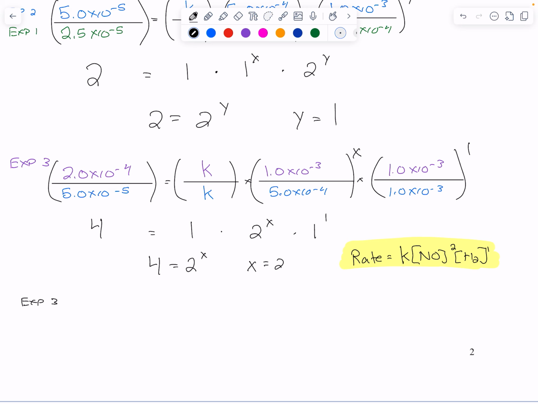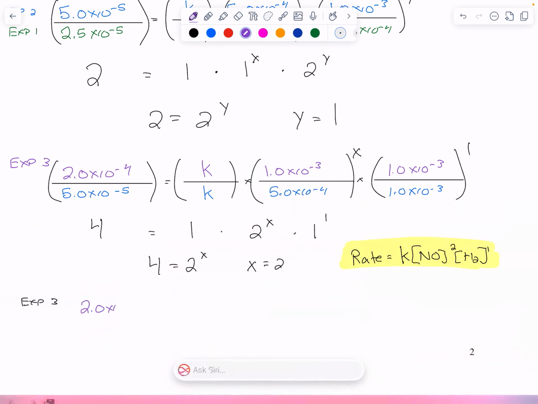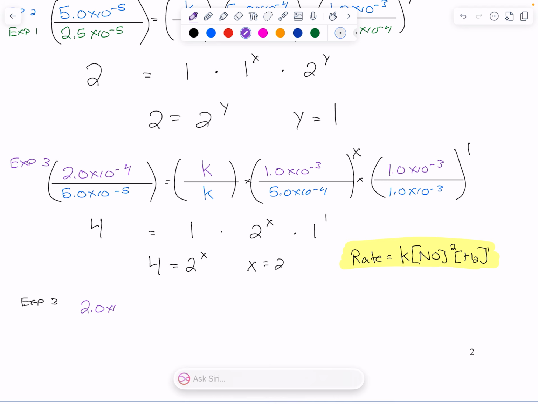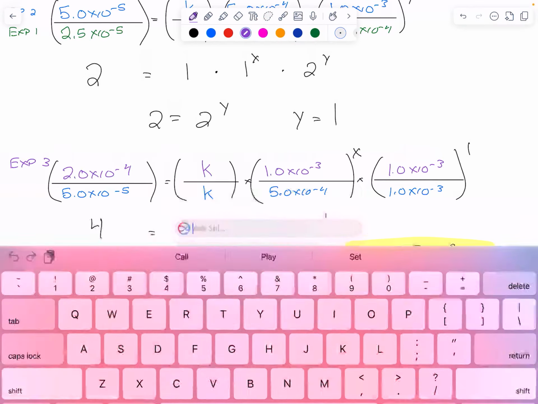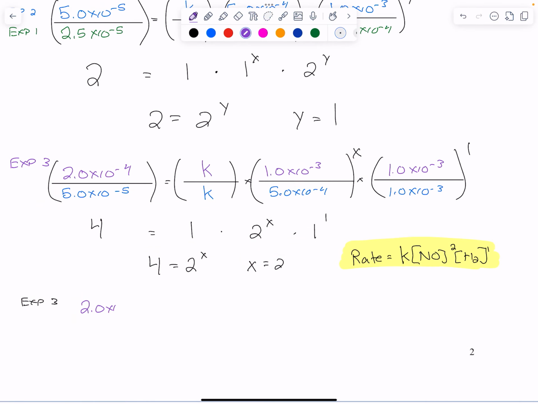So if I pick experiment 3, right, the rate in experiment 3 was 2.0 times 10 to the negative 4 molarity per second equals K, which we're looking for, times the concentration of NO, which is 1.0 times 10 to the negative 3, and that is squared, times concentration of H2, which is 1.0 times 10 to the negative 3.